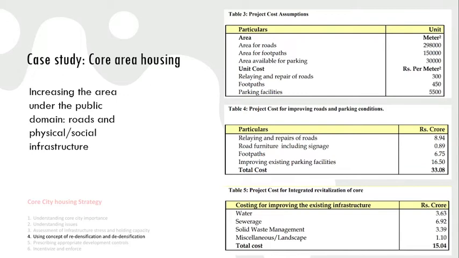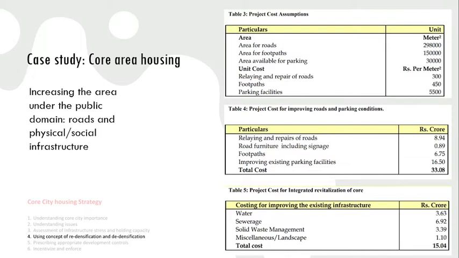If you look at the detailed project report, it also discusses what different sectors of infrastructure need to be focused upon. The first is to increase the area under public domain, that is, the area used for roads, parking, and physical and social infrastructure. For that, they have made approximations of detailed cost assumptions for each sector. The first was roads: how much road needs to be laid in square meters? Then, how much investment should be made to improve existing roads and parking?